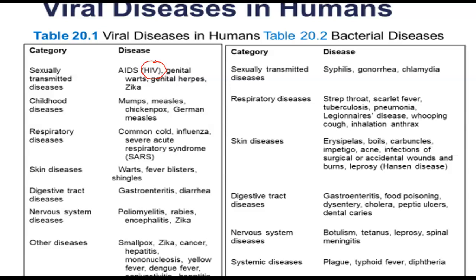Genital warts is caused by a virus. Syphilis, gonorrhea, chlamydia are caused by bacteria. So I do expect that you compare tables 20.1 and 20.2 that list some common viral diseases and common bacterial diseases. And if I were to give you an example of these diseases, that you would know whether or not it's caused by a virus or caused by a bacterium.